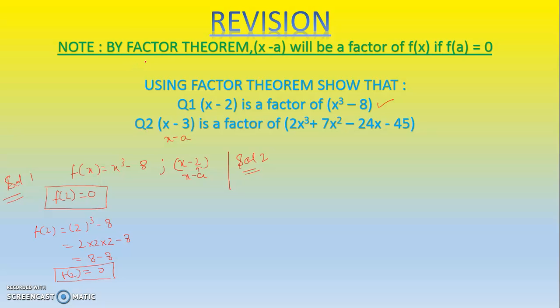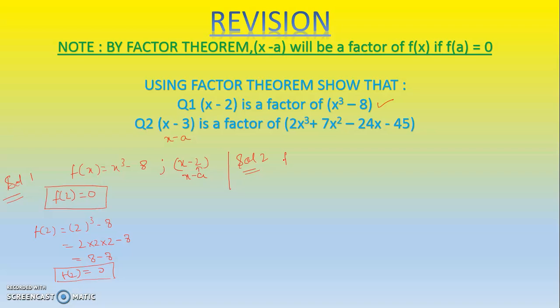I have written here by factor theorem x minus a, so this x minus 3 will be a factor of f(x) if on substituting 3 I get the value of whole of this f(x) equal to 0. We do not know whether it is a factor or not. On substituting the values, we will get the value, and then only we will check whether it is 0 or not. If the value on substituting 3 in place of x we get equal to 0, then we will say x minus 3 is a factor, otherwise it is not a factor.